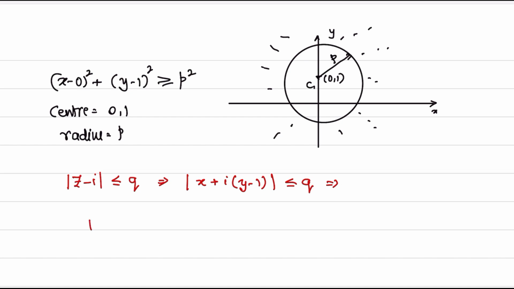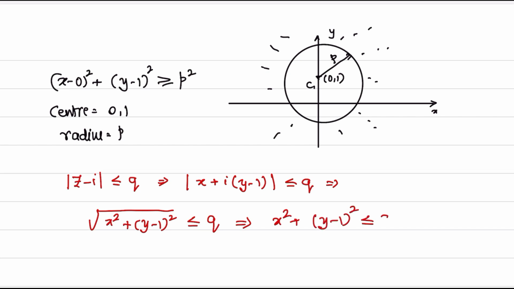That means square root of x square plus y minus 1 whole square is less than or equal to q. That means x square plus y minus 1 whole square is less than or equal to q square. That means center is (0, 1) and radius is q. So this area is less than or equal to q.